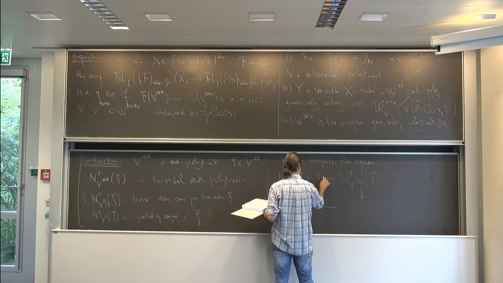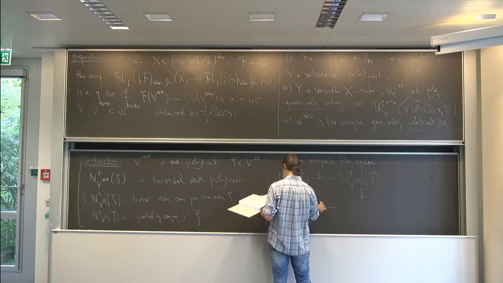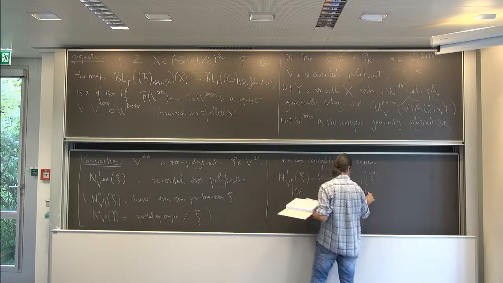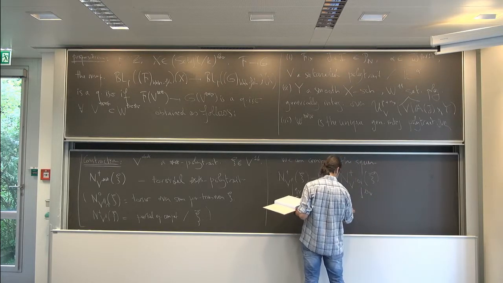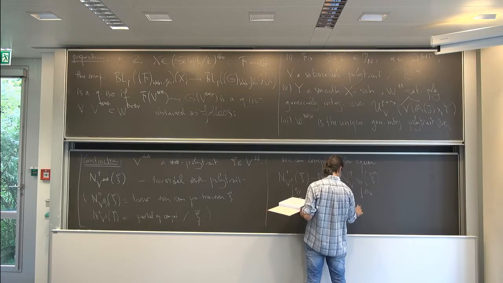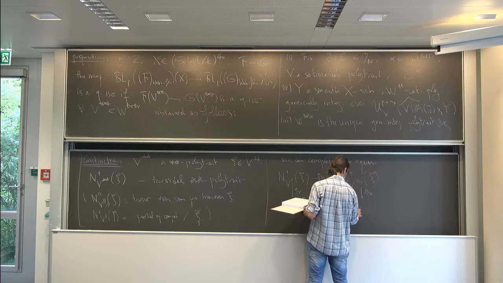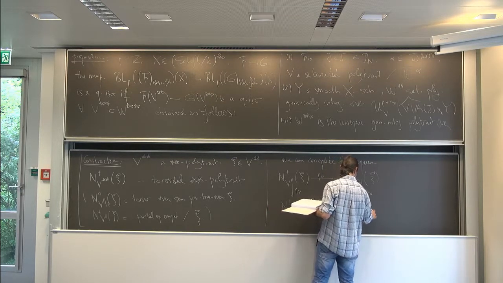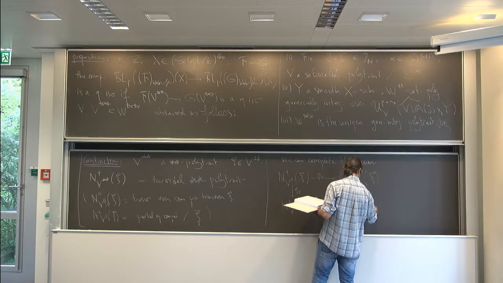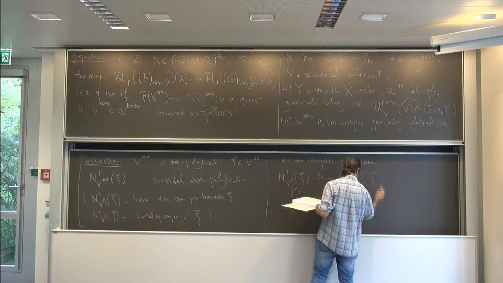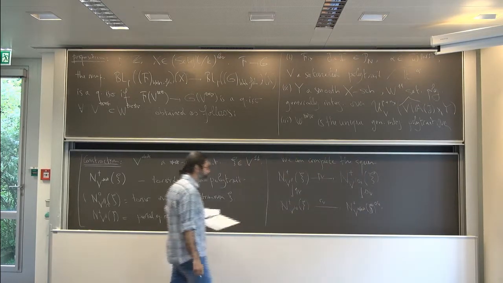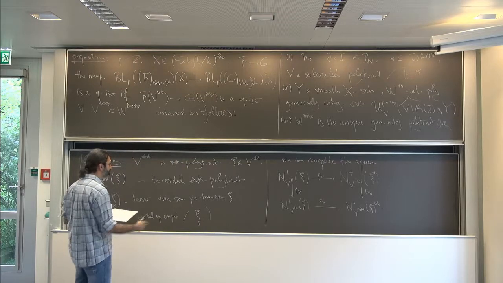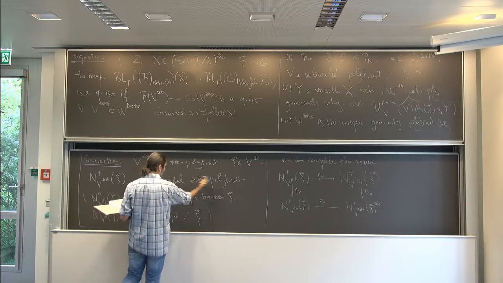So there is a universal way to complete the square, and I denote it like this. I put 0, 0. Okay. And so it's universal, if you want, in the category of toroidal polytray.